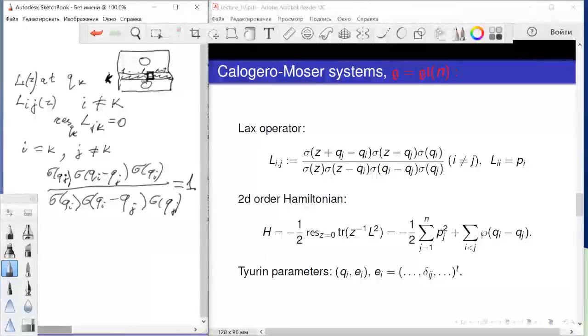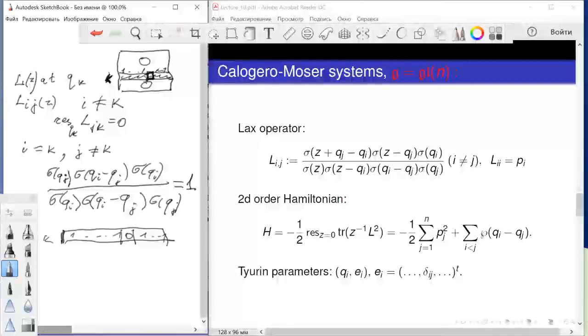We obtain a matrix with all rows equal to 0 except for the row number K, which has 0 here and 1 and so on, 1 here.